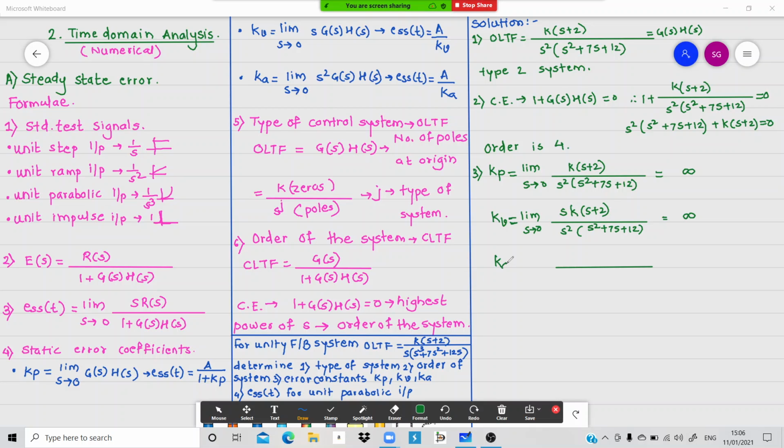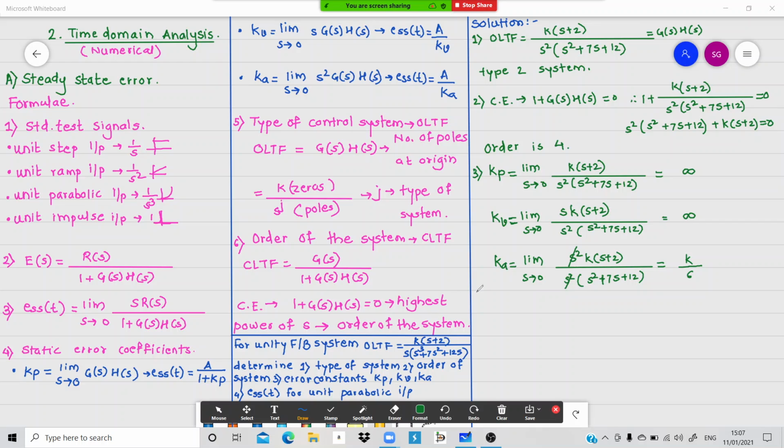Now for Ka, limit s tending to 0, now it is s square K(s plus 2) upon s square plus 7s plus 12. So this s square will get cancelled out. When you put s equal to 0, it will be K by 6, because this is 2K divided by 12, that is K by 6.